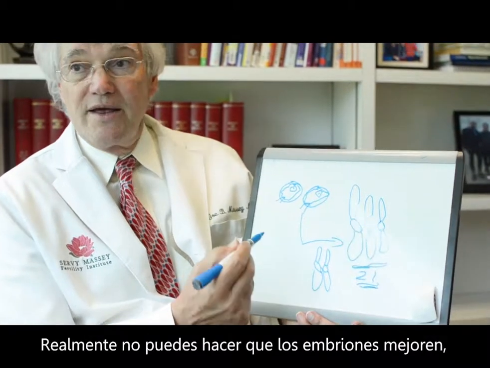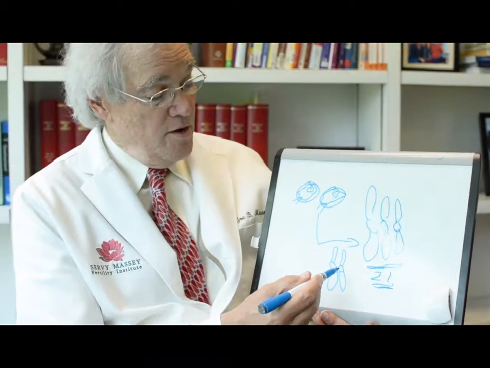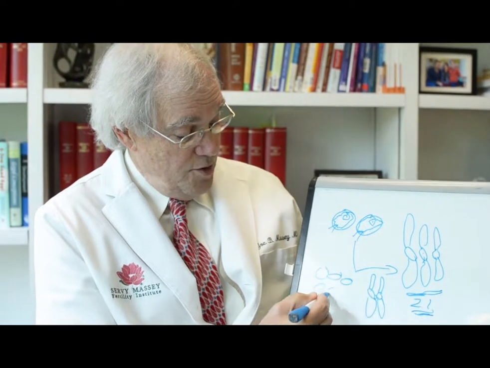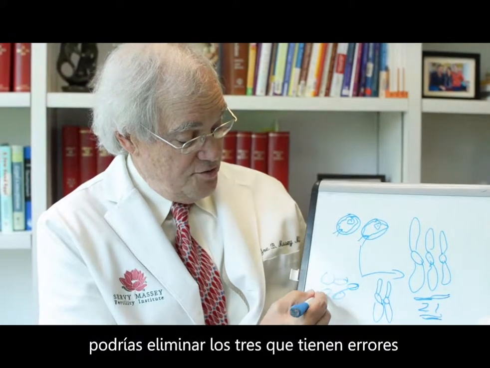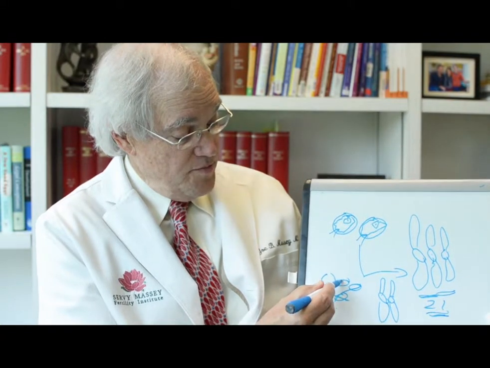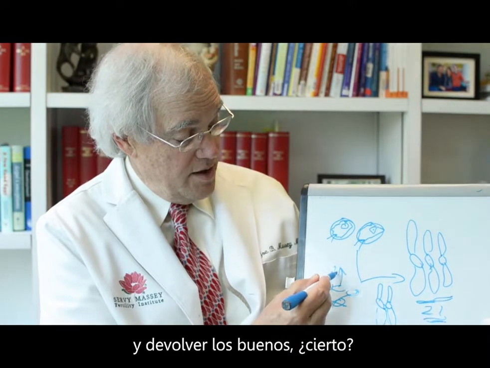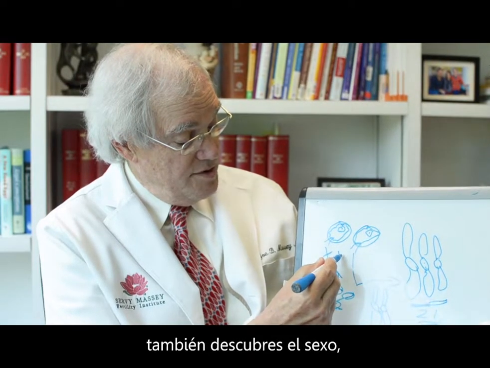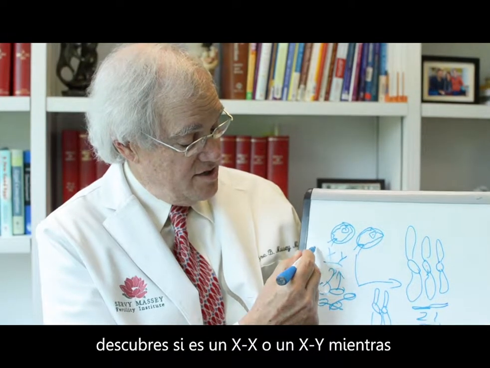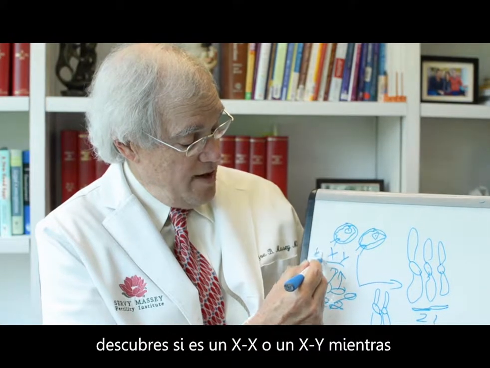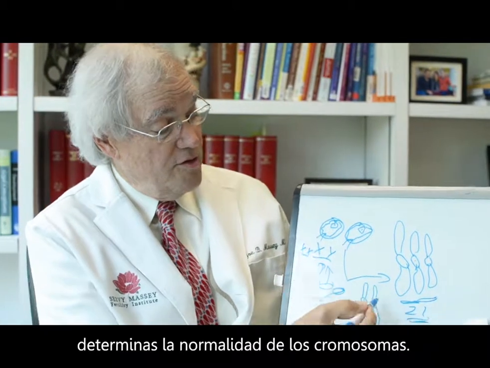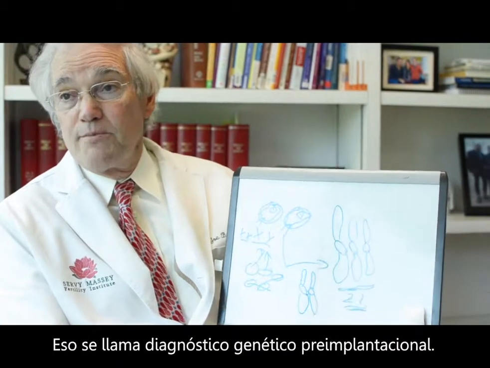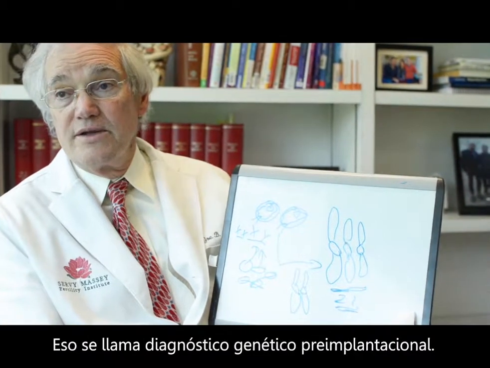You actually can't make the embryos better, but if you have several embryos, like 5 embryos, you might eliminate the 3 that have errors and put back the good ones, okay? And while you're at it, you also find out the sex. You find out if it's an XX or an XY while you're determining the normalcy of the chromosomes. So that's called preimplantation genetic diagnosis.